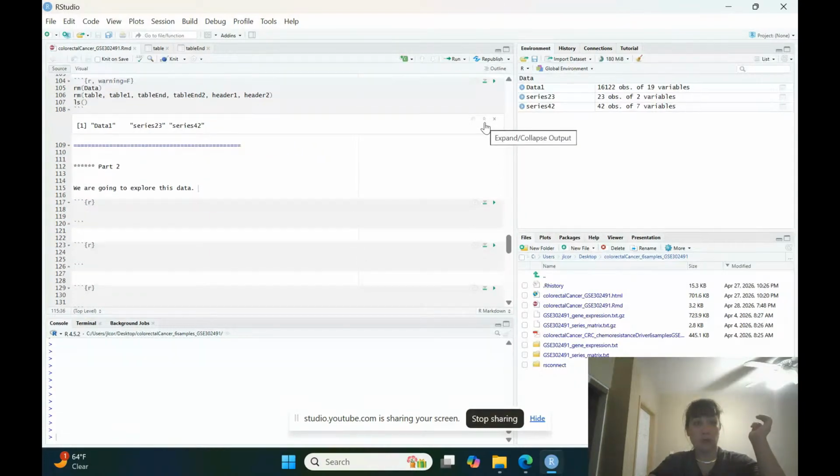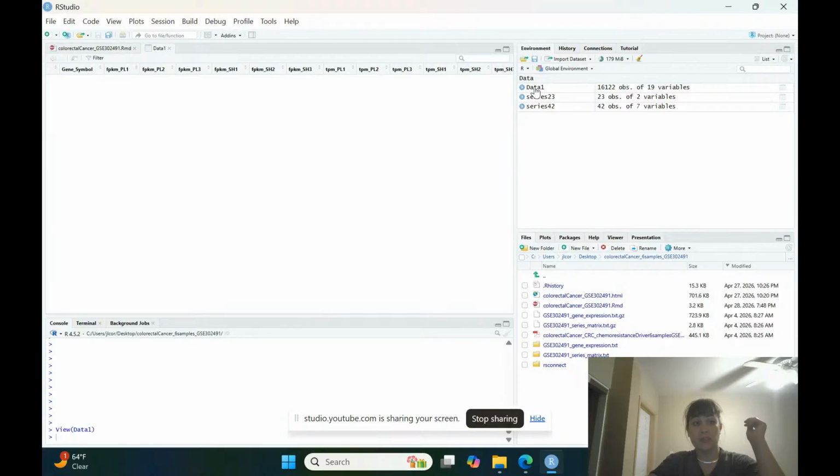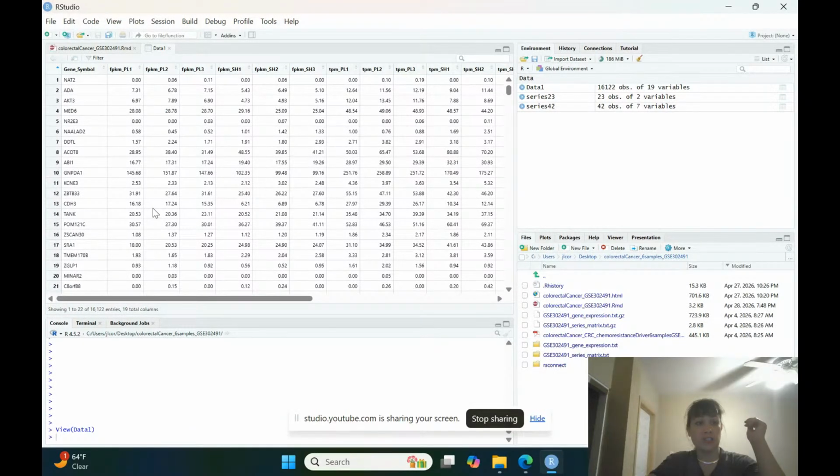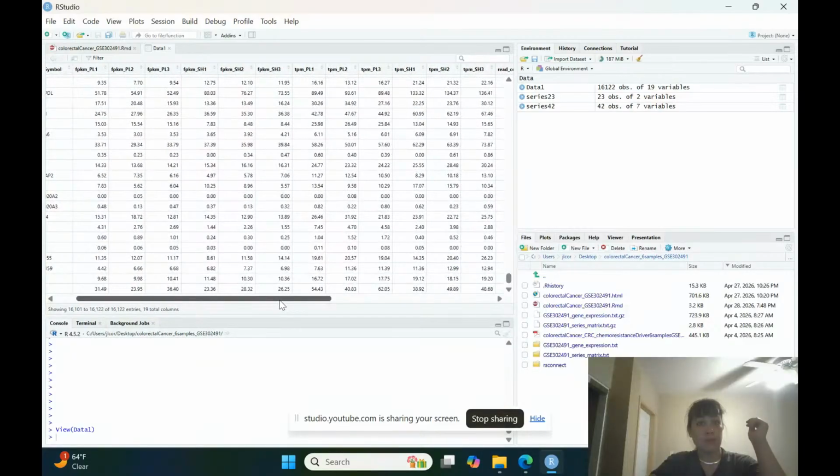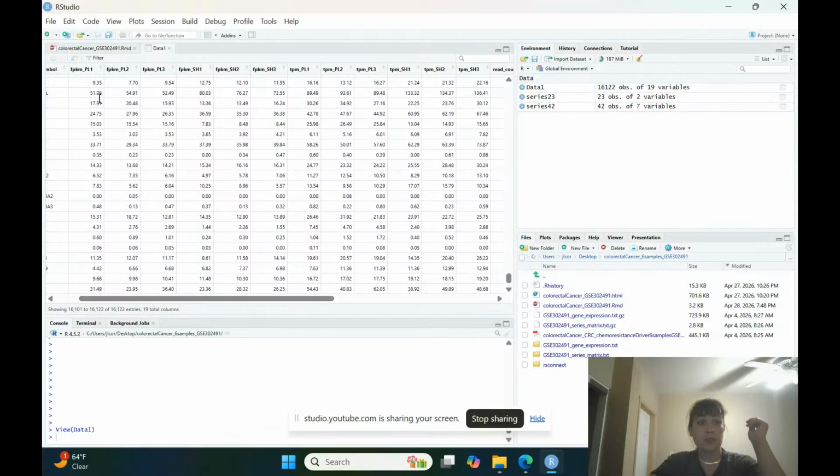Okay, so we're going to just go ahead and remove these old objects that we don't have anymore. And this is what we're working with. The gene symbol, there's 16,122 genes. Great. And then here we got fragments per kilobase for the PL1, 2, 3, and then the SH1, 2, 3.